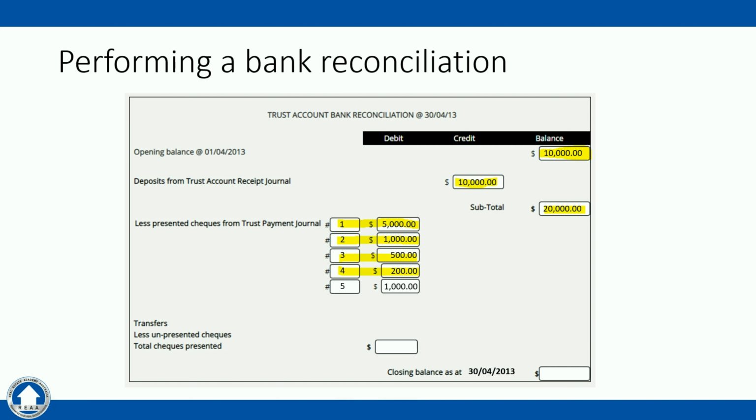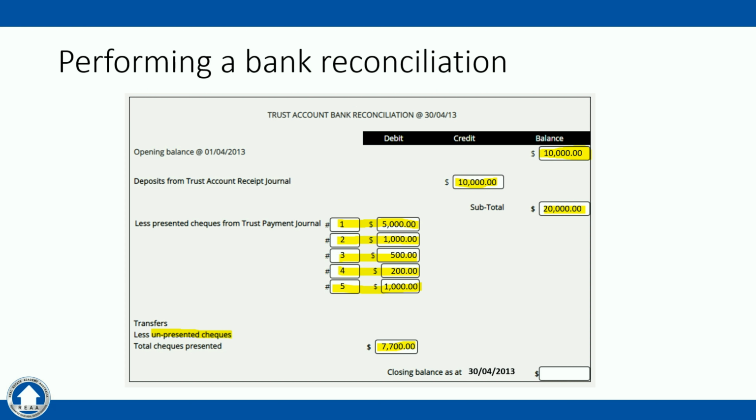Check 4 for $2,000. 5 for $1,000, which gives us a total of presented checks of $7,700 for this month.